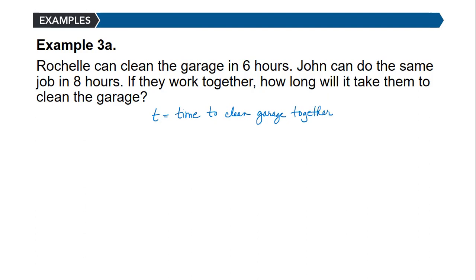But what we do know is that Rochelle's rate plus John's rate should equal their rate together. Remember, rate is equal to the work done divided by the time to complete that.